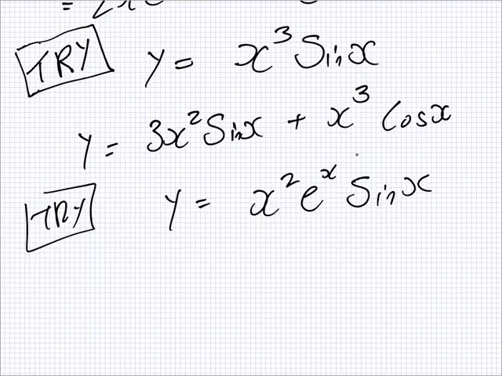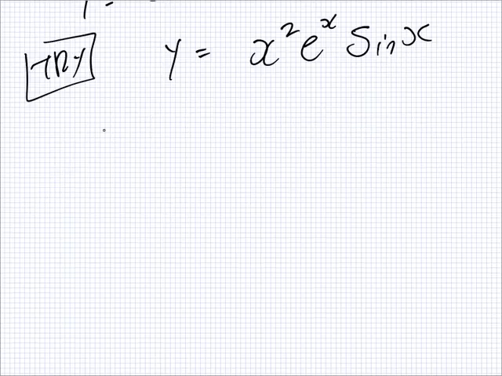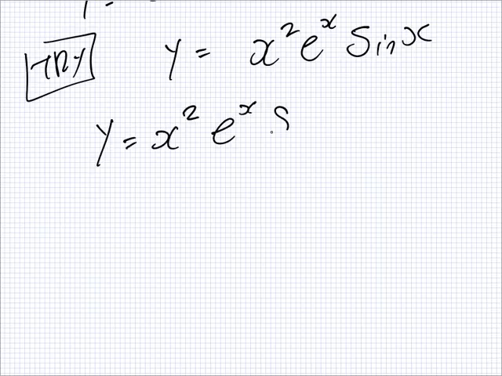Okay, how are we doing with triple? Some ideas, I hope? It's not too long to do once you get the idea of what to do. It's not too different. So you have x squared ex sine x. You can break it up into two still. So this is the f and this is the g.